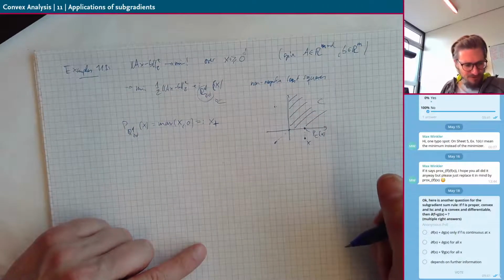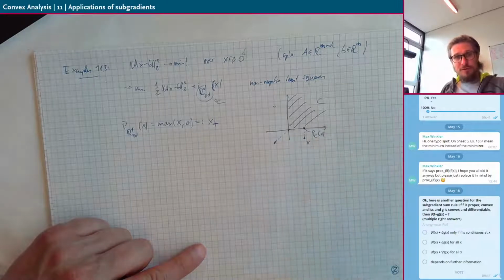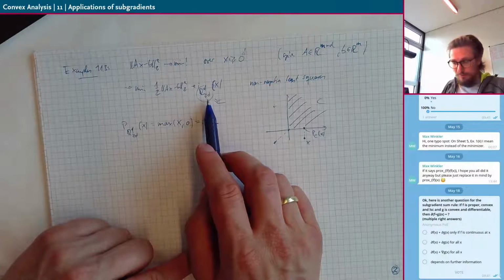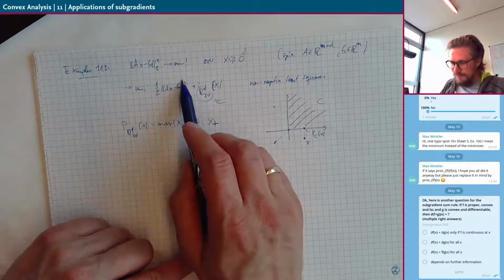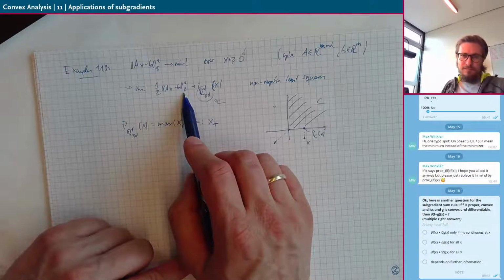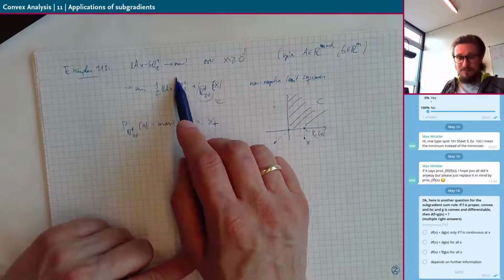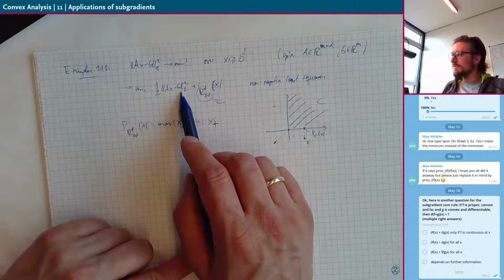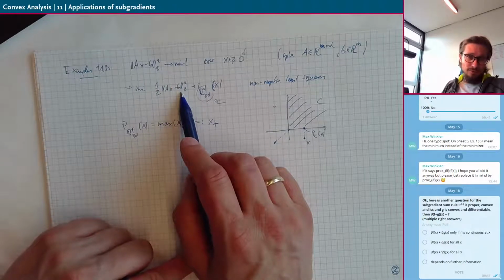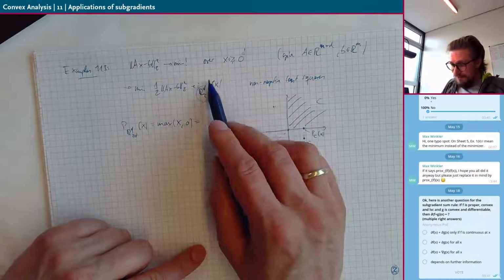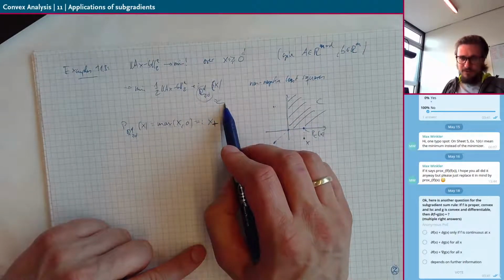So that's the projection. Okay, first question, can we apply the subgradient sum rule here? Yes, we can. Why? This function is finite everywhere, at all points, which means that it's also locally Lipschitz continuous at every point. Actually, it's not Lipschitz continuous, but it's even differentiable at all points. And this set here has interior points. That's also important, right?